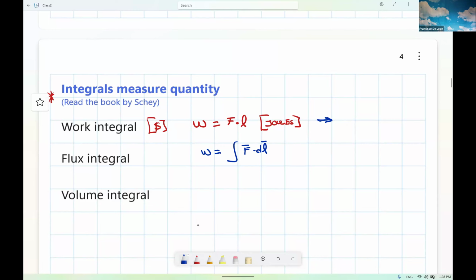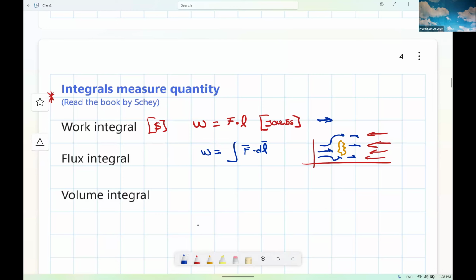But in the contour integral, the path cannot necessarily be straight, right? You can have a force field that is going this way, but maybe there are things in between. Maybe you have an obstacle there that doesn't allow you to go straight this way, but you will have to go around and around and around.